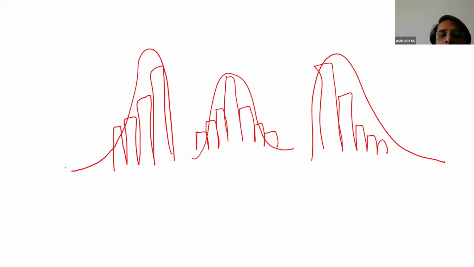So this is an example of a negatively skewed graph. So the shape of the distribution can also be found out using the histogram. Okay, right.